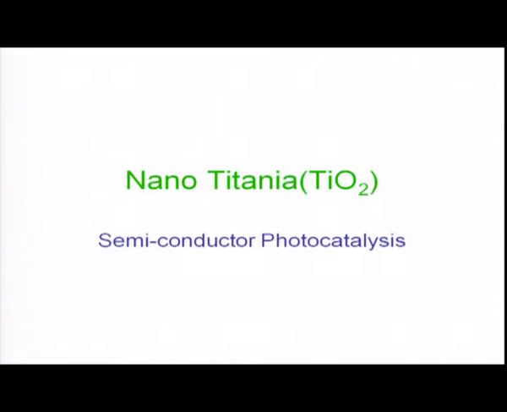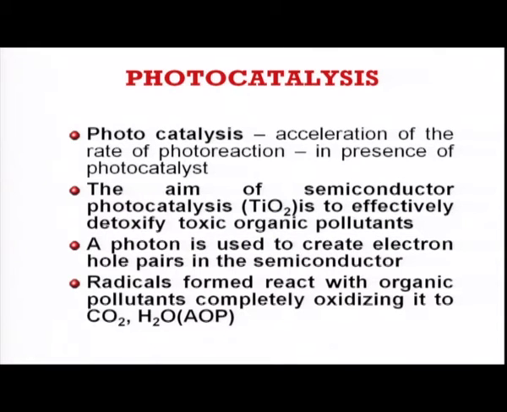Using this nanotechnology, we will see one such nanomaterial in this lecture, namely titanium dioxide, which is a wonderful semiconductor photocatalyst material. Especially in nano dimension, it destroys all types of persistent organic compounds present in the environment whenever it has contact. This particular aspect is normally known as photocatalysis.